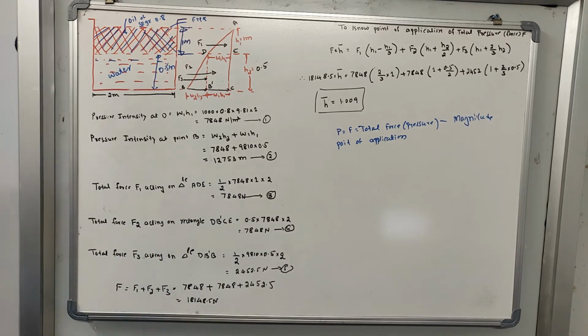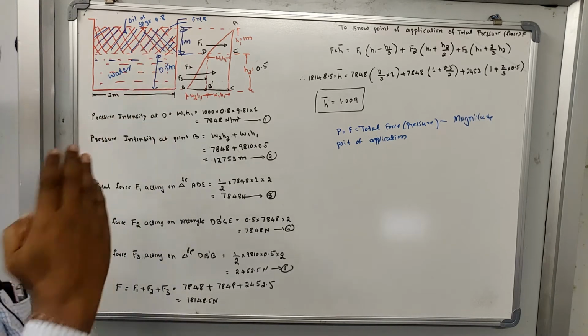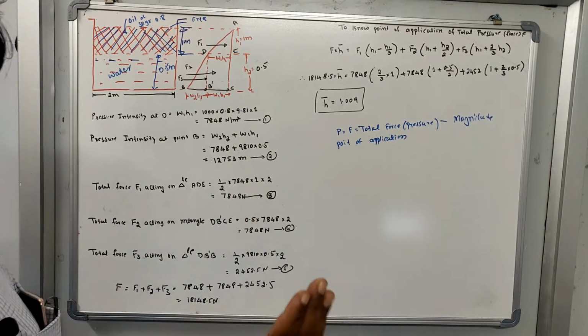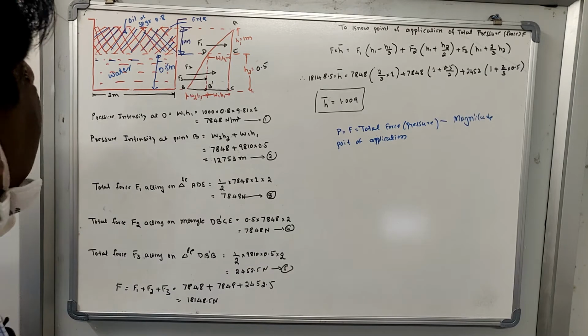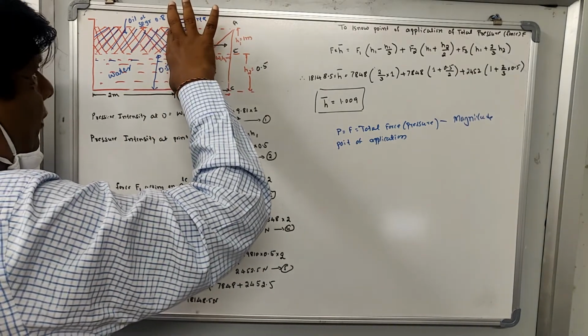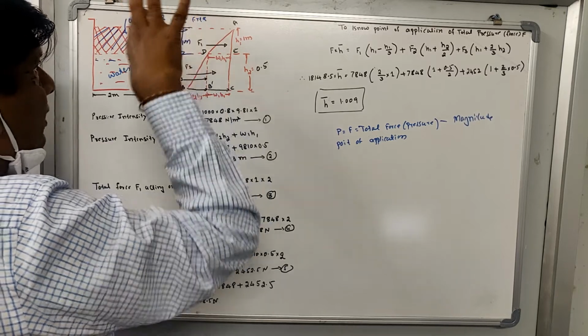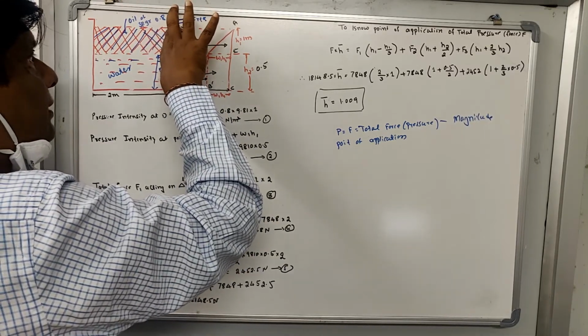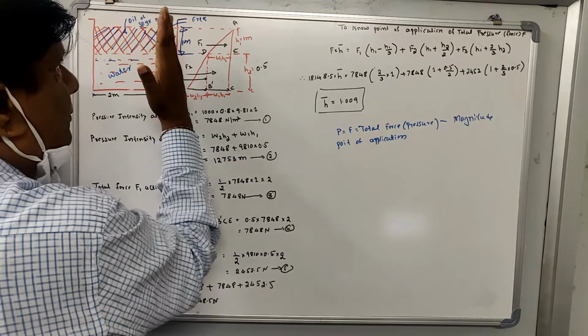How do we calculate the total force exerted by these two fluids on the side walls of the tank? For that, let us take this side wall of the tank, which runs perpendicular to the board.